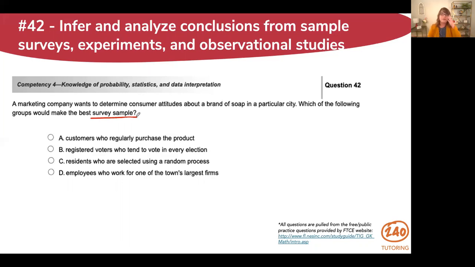The sample's a subset, and they're used because the population is often so large that it's not feasible to gather data. Like I can't survey every teacher in Texas. There's no way I'm going to get every teacher in Texas to fill out a survey. So instead I'm going to get a sample, a subset of that population.